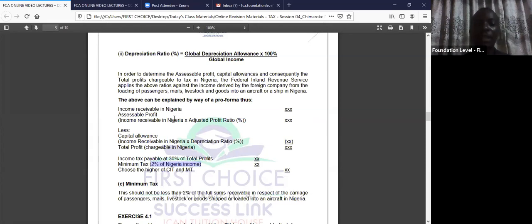Okay. Now, what applies to airline also applies to ship. So origin is what determines the income. Now, looking at cable undertaking, let's look at telecommunication. Let's say MTN, because MTN is a foreign company. If you make a call in Nigeria, that means the call originated from Nigeria.